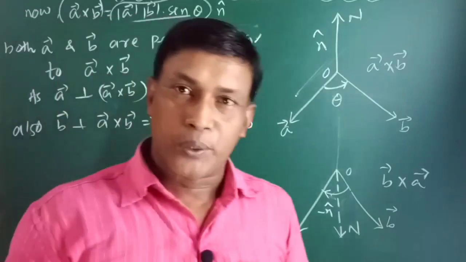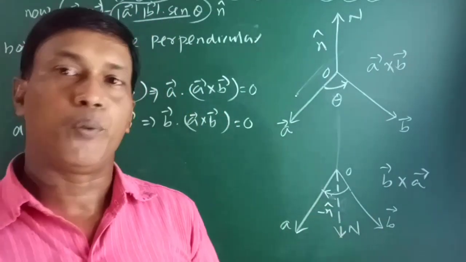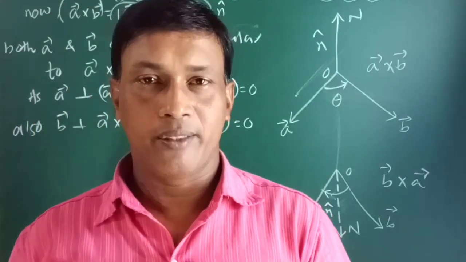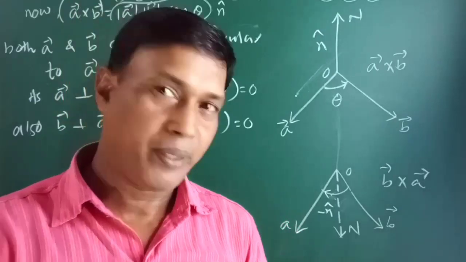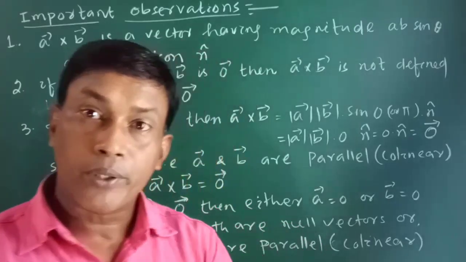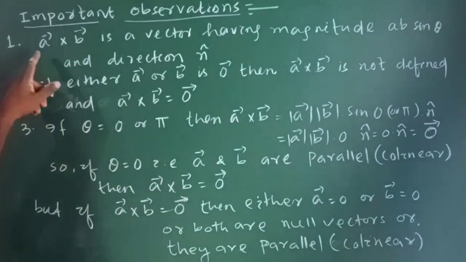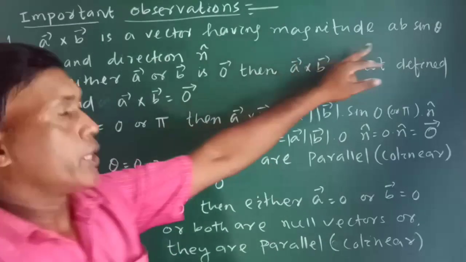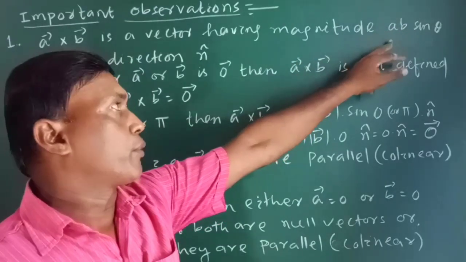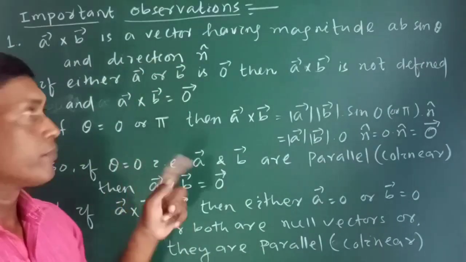So this is one important note to remember: A and B both are perpendicular to A cross B. A cross B is the vector which is perpendicular to both A and B. Now some important observations of cross product: A cross B is a vector quantity whose magnitude is magnitude of A, magnitude of B sin theta, or AB sin theta, and the direction is n cap.